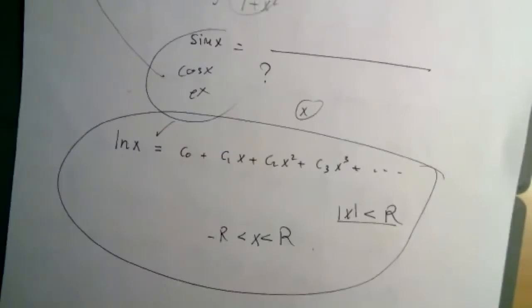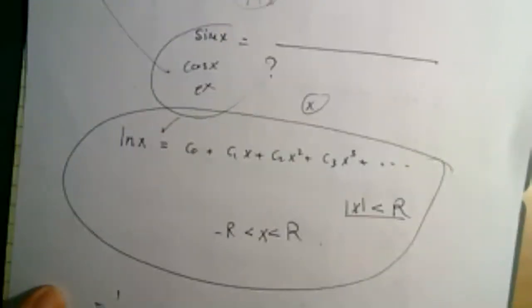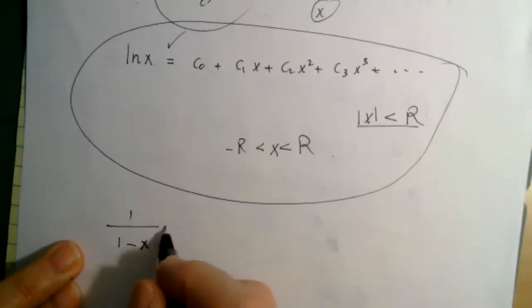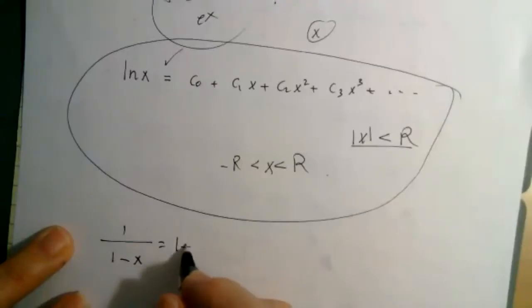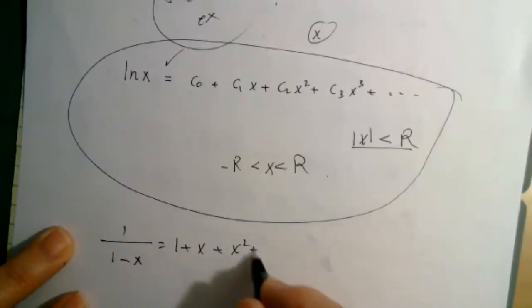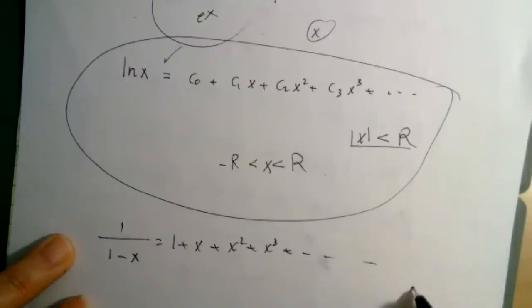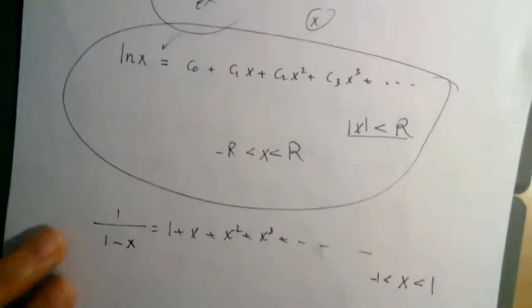Okay, let me see if this can help. Let us say I put 1 over 1 minus x, and I wrote it like this: 1 plus x plus x squared plus x cubed, etc. And this is true for absolute x less than 1.